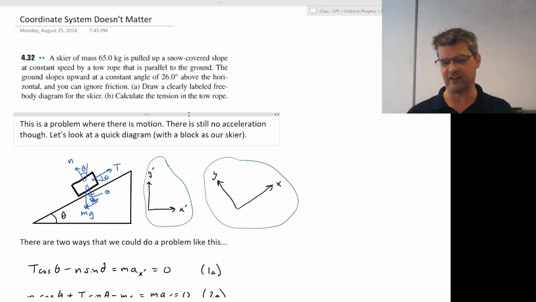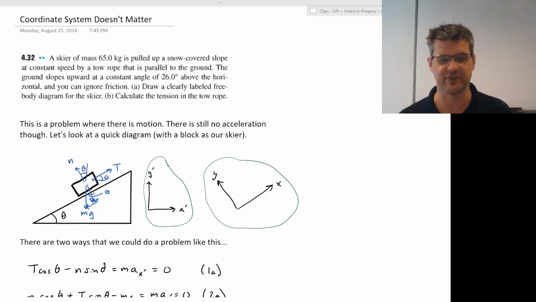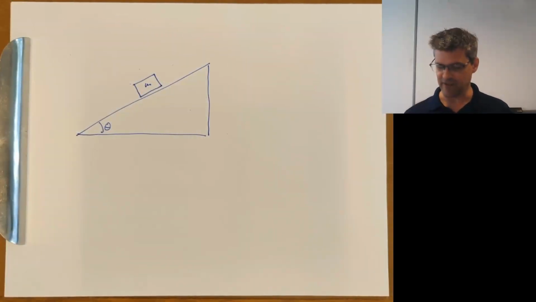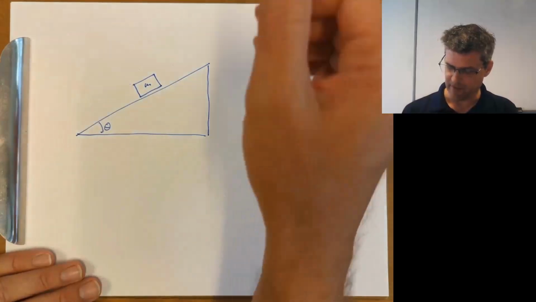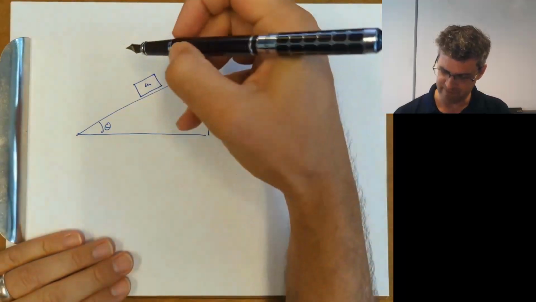And by block, I mean the skier. So it's just some mass, so to speak. So here I've set this up. And you already saw a little bit on that page that we know a couple of these forces.